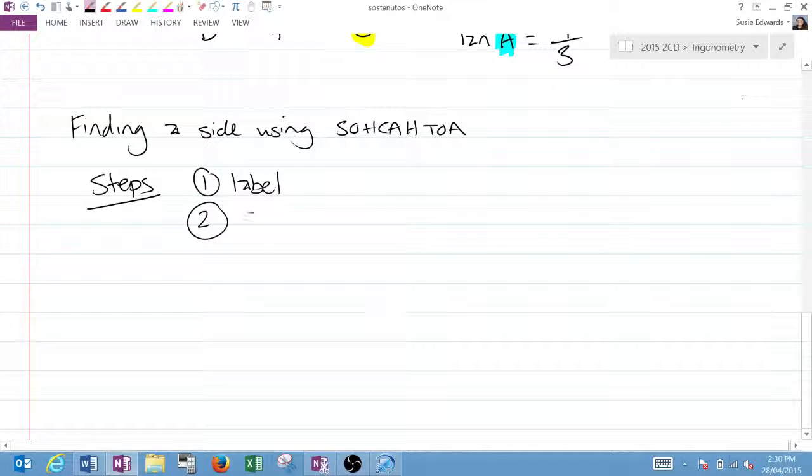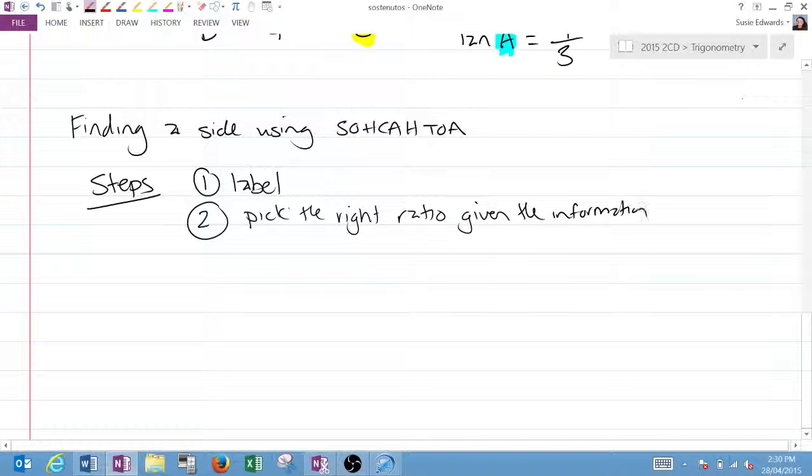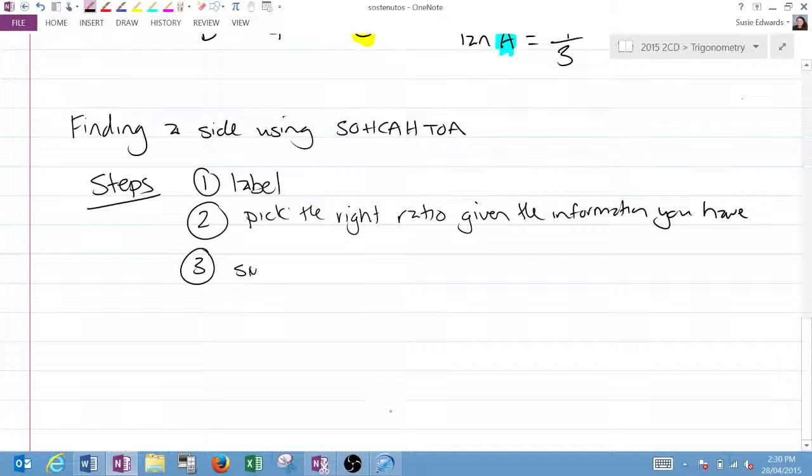Step 2, pick the right ratio. So you need to pick the right ratio given the information you have. Step 3, sub in the info into that ratio and solve. Okay, so there are steps.